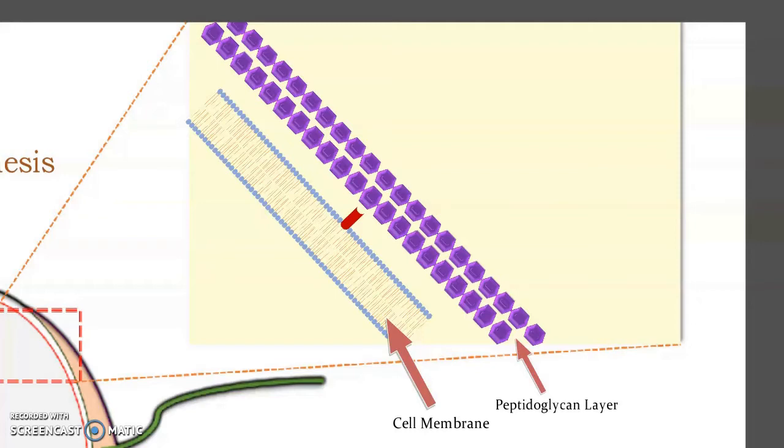Regardless of whether the bacteria are gram positive or gram negative, they consist of a cell membrane and peptidoglycan layer. However, there can be change in the thickness of the peptidoglycan layer, or there can be multiple cell membrane layers depending upon the type of the bacteria.